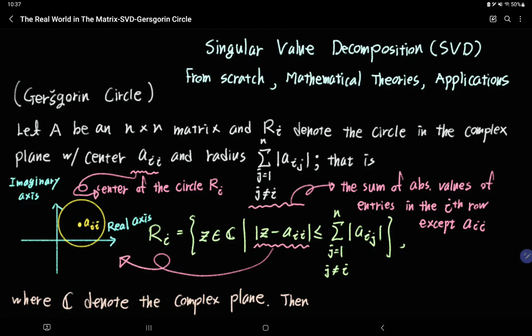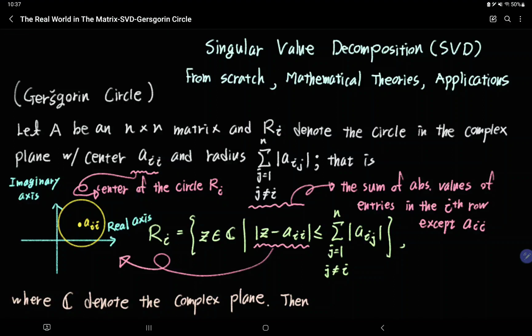Let A be an n by n matrix and R sub i denote the circle in the complex plane with the center a sub ii, the diagonal entry of the matrix A. We use this as the center of the circle R sub i.